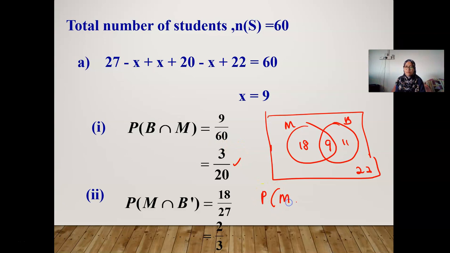P(M intersect B) equals P(M) multiplied by P(B). Check this one. P(M intersect B) is 9 over 60. Are they equal? P(M) is 27 over 60 multiplied with P(B), 20 over 60.